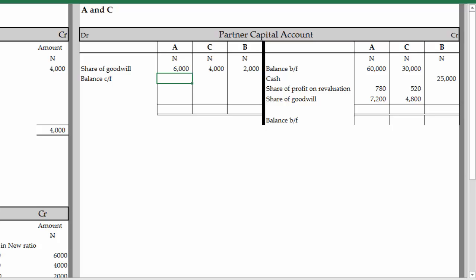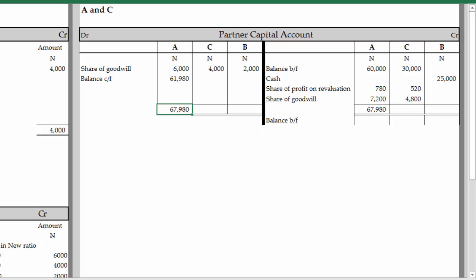Now let's balance this account. The total for A was 67,980 on the credit, while on the debit it was 6,000. Obviously, the deficit is on the debit, so we have balance carried forward of 61,980, so the total on the debit is also 67,980.